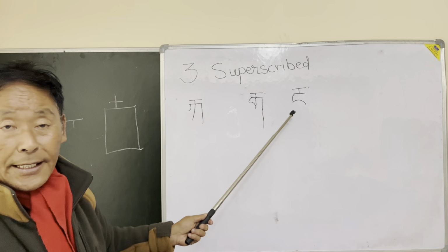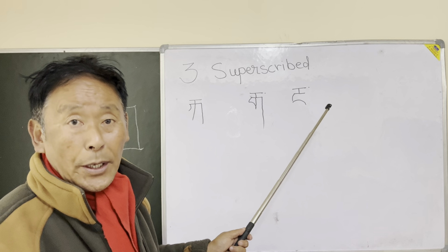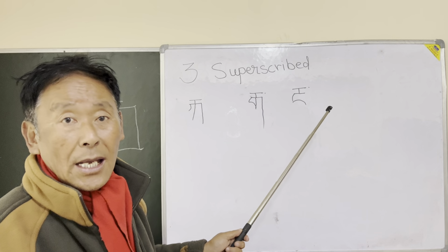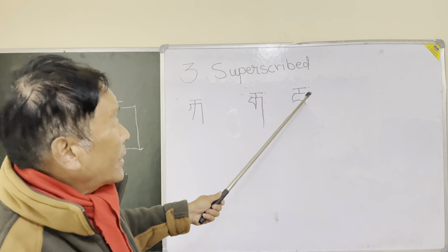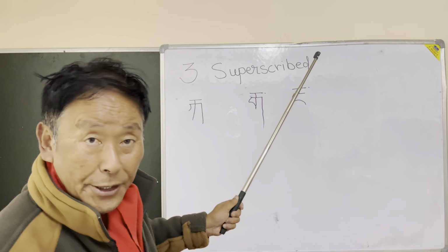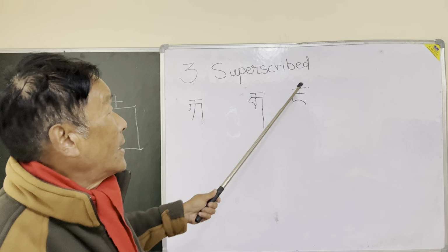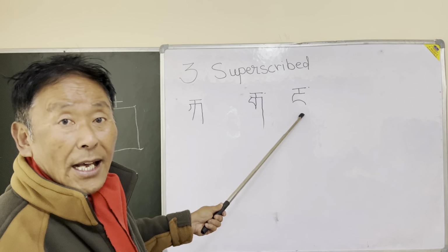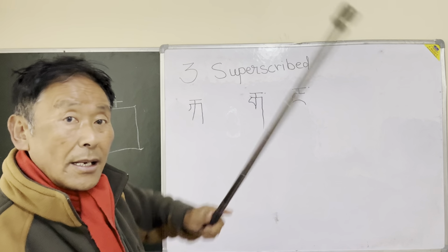We know this is the letter Nga. It is also a word, I, Nga. But if you add superscript Ra on top of the consonant Nga, then it should be read as Ra, Nga, Tak, Nga, not Nga, Nga.